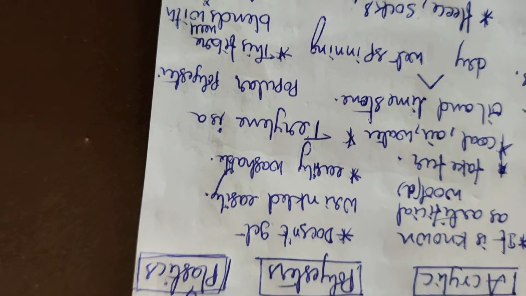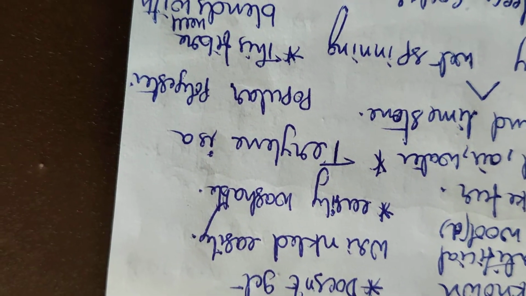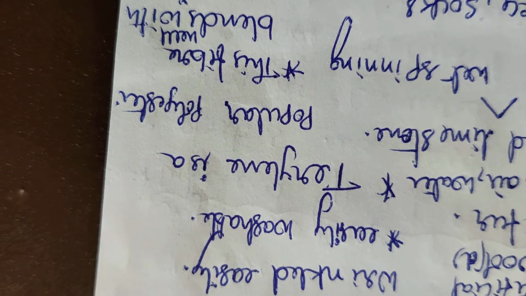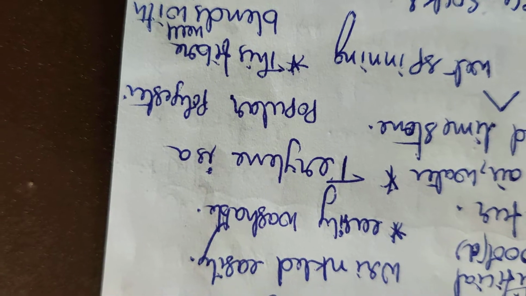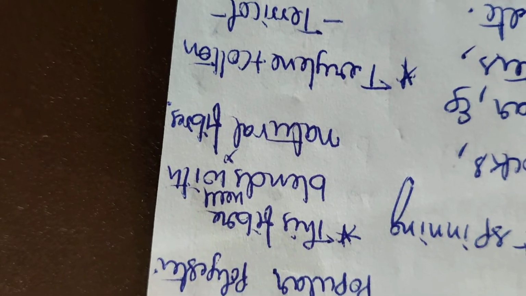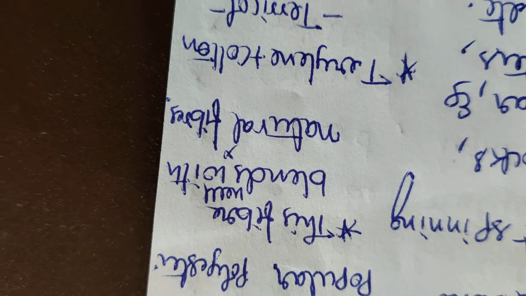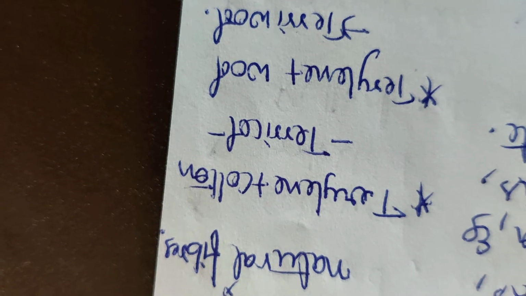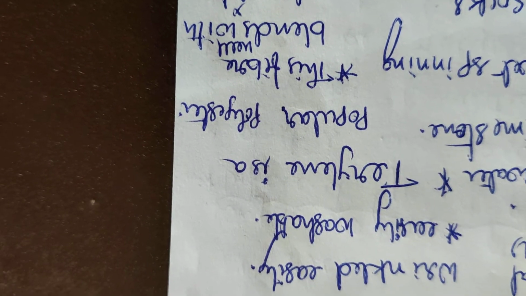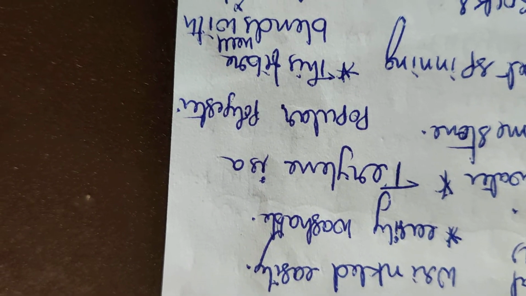Terylene means a polyester which is mixed with other fibers. When terylene is mixed with cotton, we get terrycot. When terylene is mixed with wool, we get terrywool. So these are the famous and popular polyesters.